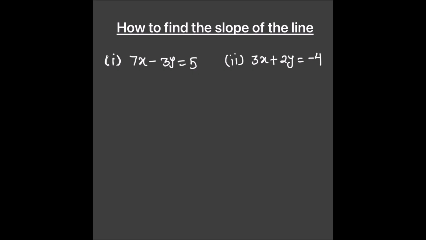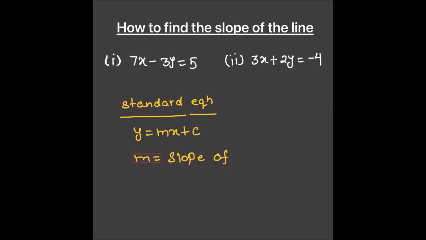To find the slope of the line we are going to compare it with the standard equation of the line in the slope-intercept form. The standard equation is y is equal to mx plus c, where m is the slope of the line and c is the intercept on the y-axis.